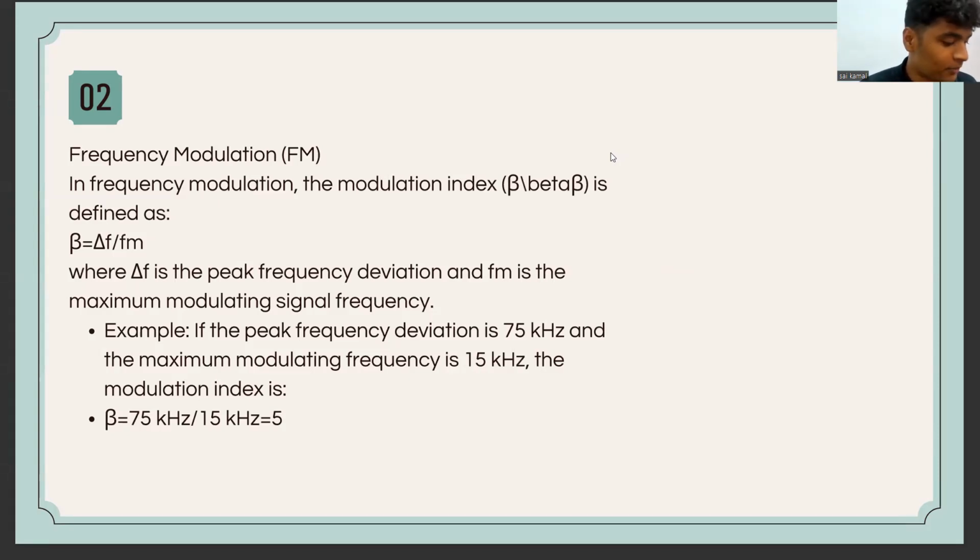Now you may be wondering about the modulated waveform. When we combine the message waveform and the carrier waveform, it gives a final product, which is known as the modulated waveform.